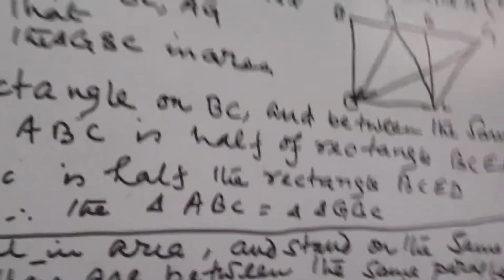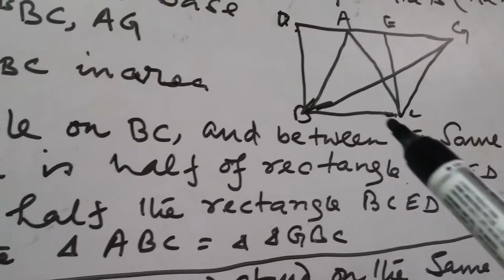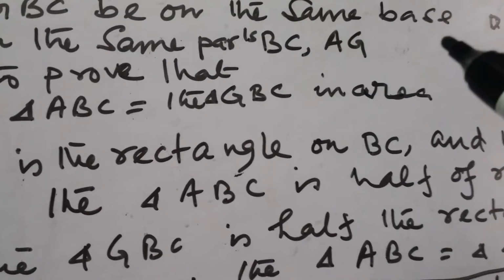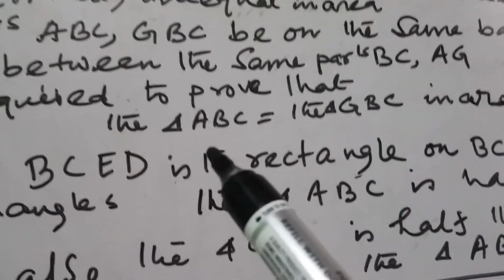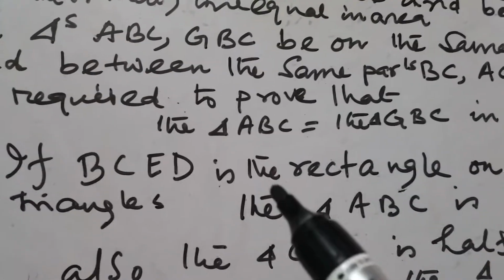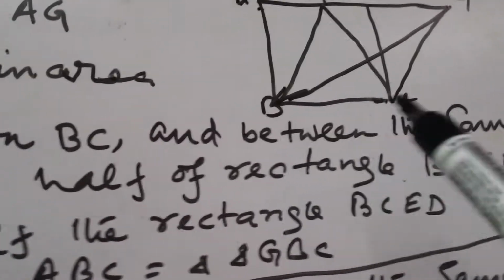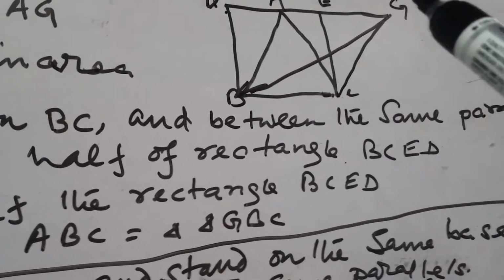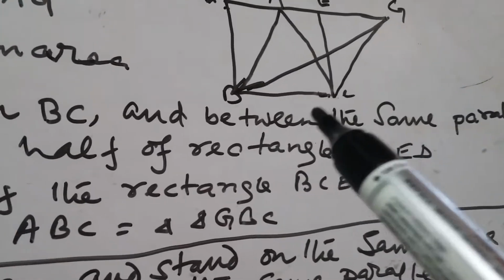This means suppose ABC and GBC have the same base BC and lie between the same parallels BC and AG, then these two triangles are equal. It means ABC is equal to BGC.